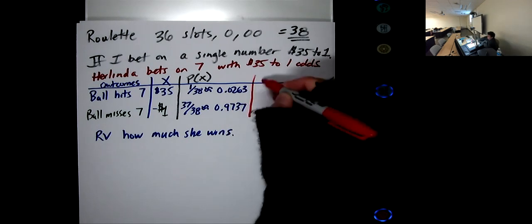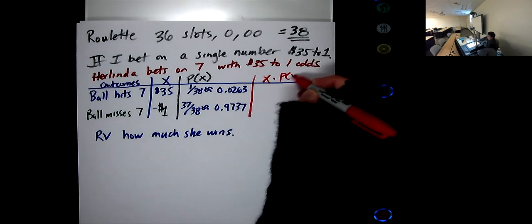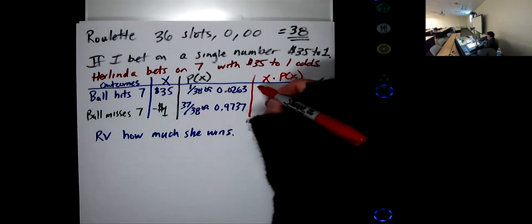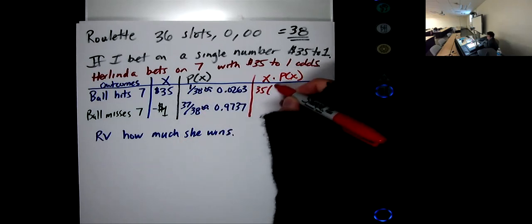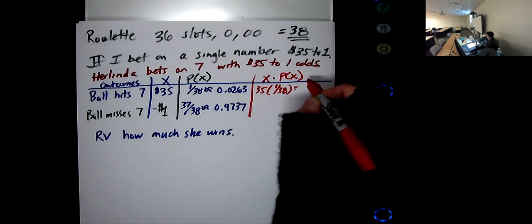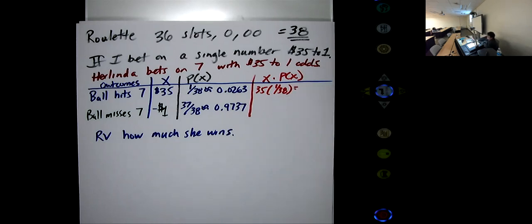So if I do X times P of X here, I have $35 times 1/38, and I'm going to get 92 cents.